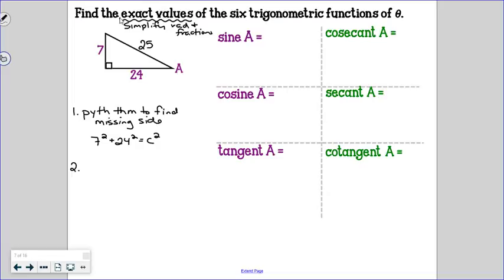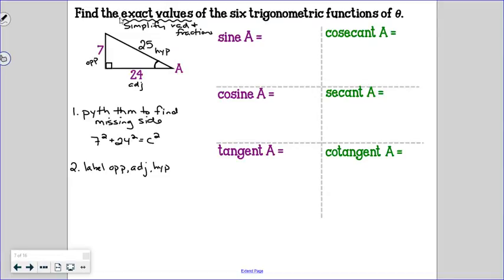And what I want you to do is go to your triangle as you're getting used to this and label your opposite, adjacent, and hypotenuse. Okay. So in our picture, if A is down here, here's our hypotenuse, here's our opposite, here's our adjacent.